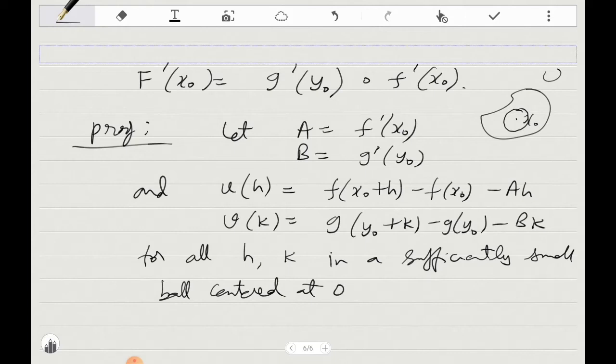That's not quite correct. h and k are in different spaces. It's not the same small ball. So I should say sufficiently small balls centered at 0, but that 0 is two different zeros: the origin of Rn and the origin of Rm.